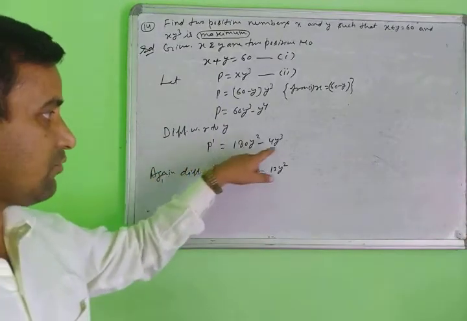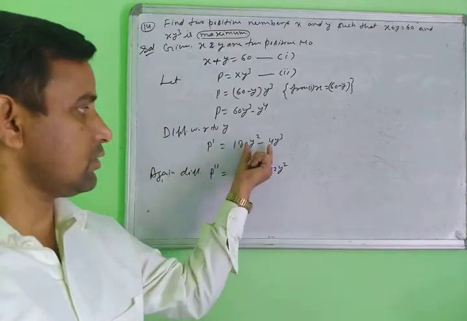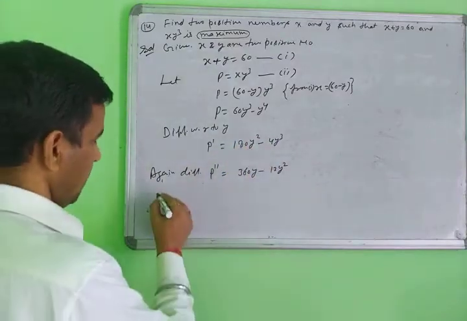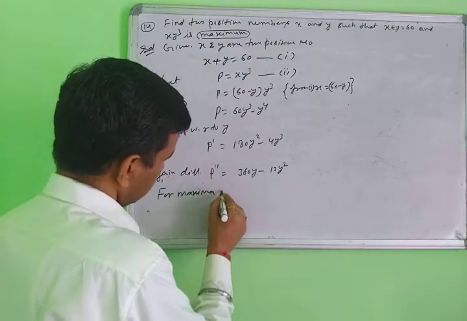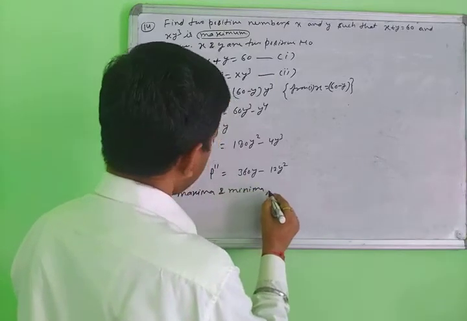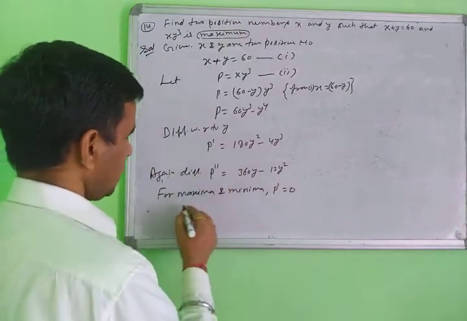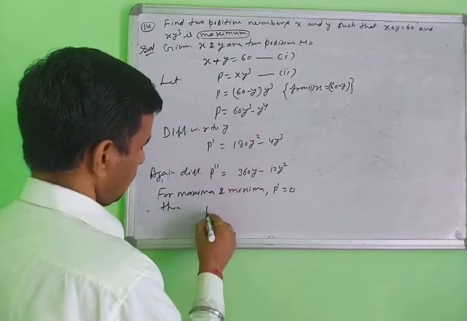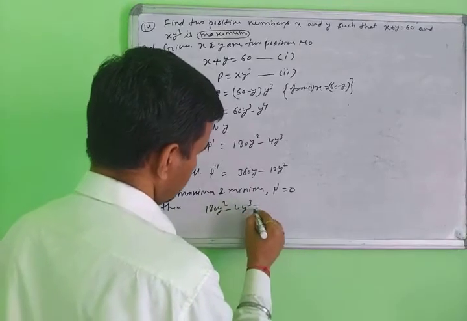Then you will find the value of y. How is it possible? Put this equal to 0. For maxima and minima, what value of P dash equals 0? 180 y square minus 4 y cube equal to 0.